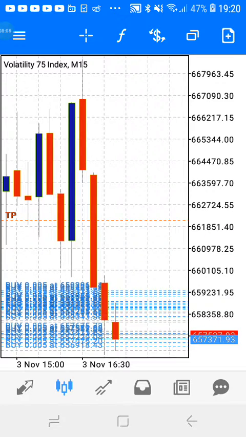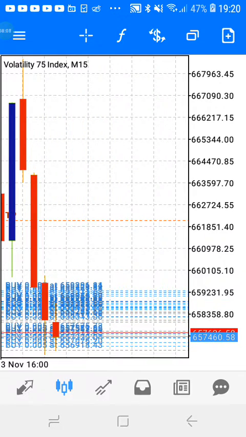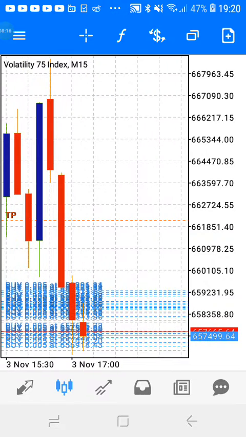And I always want to teach people, in every sell there's also a buy. In every trend, let's say it's buying, you can also find sales there. You understand? Due to retracement.